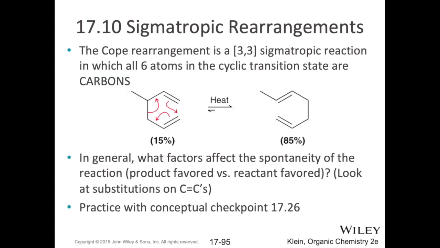Again, even with these, there are different types of rearrangements, and it sometimes helps to know the names of these, just for quick and easy reference. A Cope rearrangement is a common sigmatropic rearrangement you might see, where it's a 3,3 sigmatropic rearrangement involving carbons in the transition state.